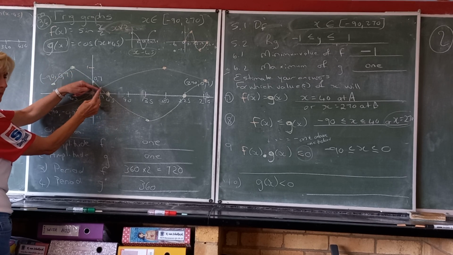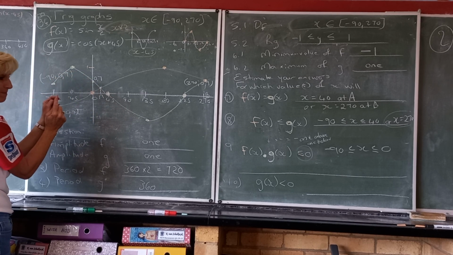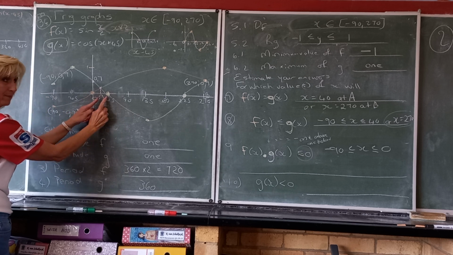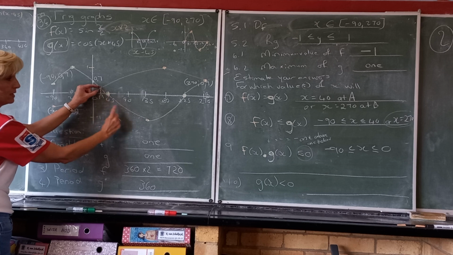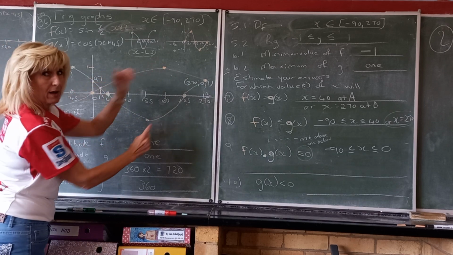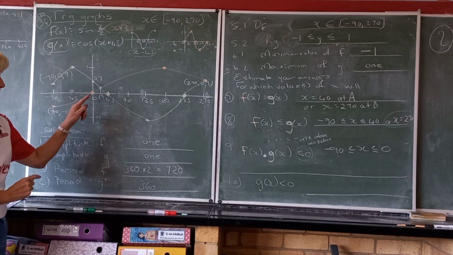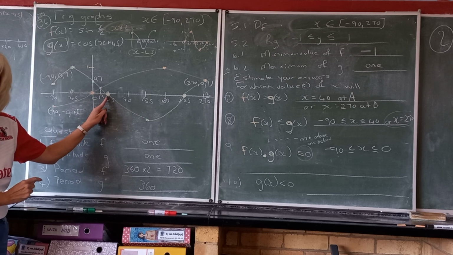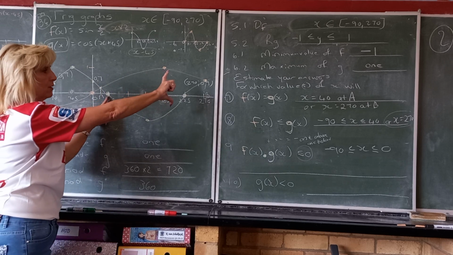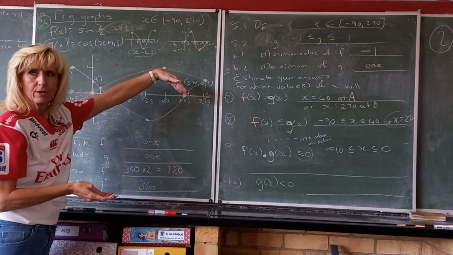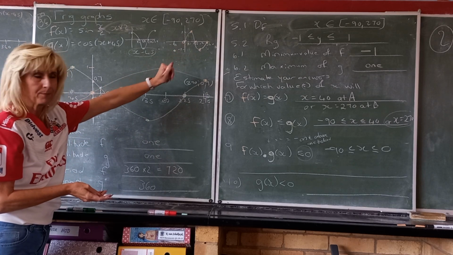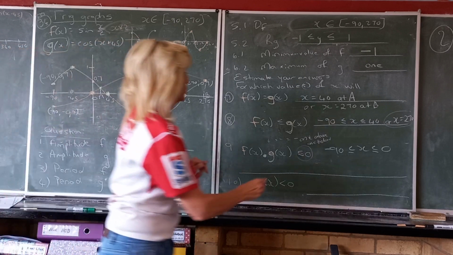Up to where? 45. They're both above until there. Then the one is below and the one is above. From where? From 45 up to where is the one above and the one below? Excellent. Because then they're again both above.